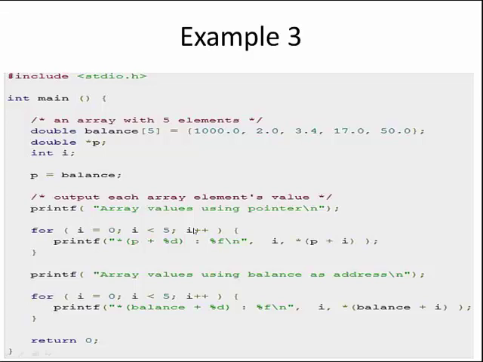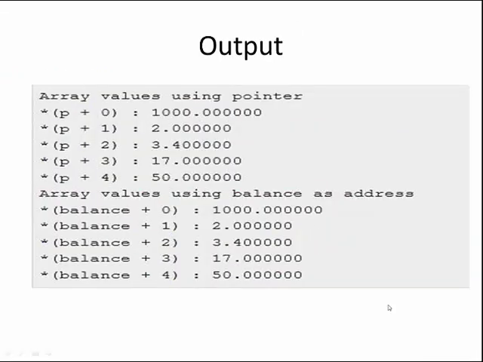So this is an example in which we output the elements using both concepts, the pointer concept and the normal array concept. This is the output. The things are the same when we are using the pointer and when we are using balance, which is an array, using an address. Getting my point, guys?